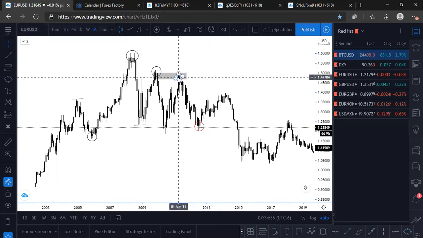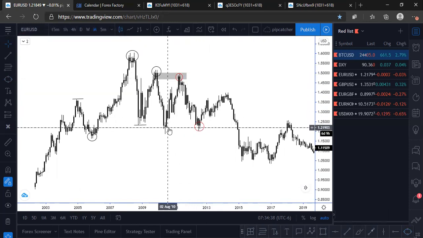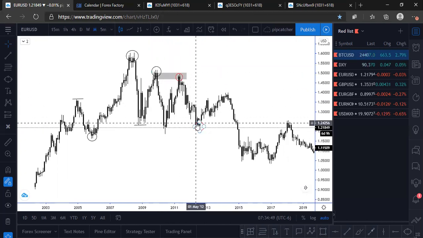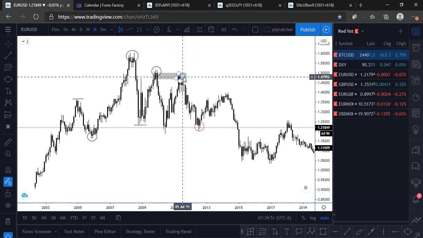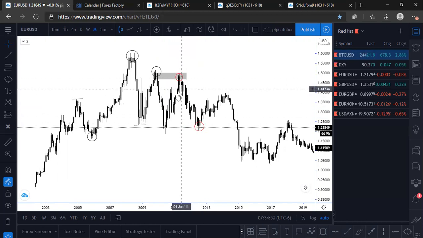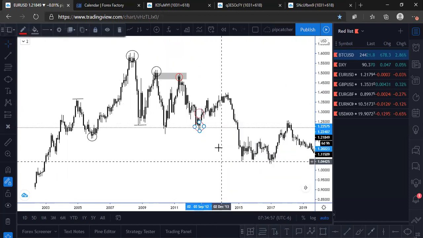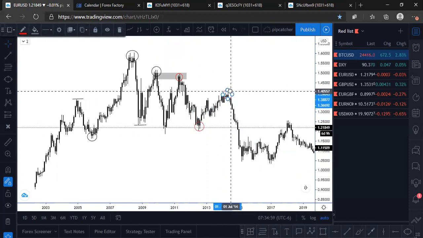You see how from here to here we would have hit our target profit region, but we didn't break this structure. So from here to here wouldn't be considered to me a major swing because there was no break in structure. Same as this area right here.